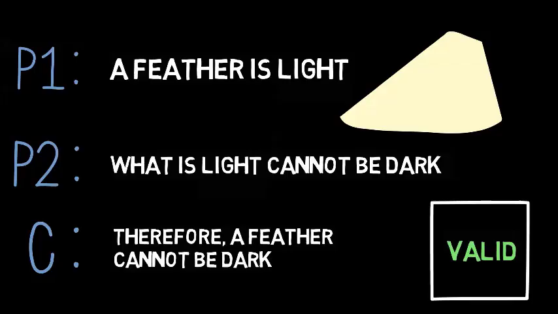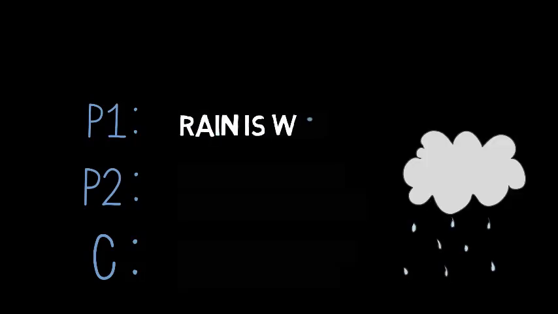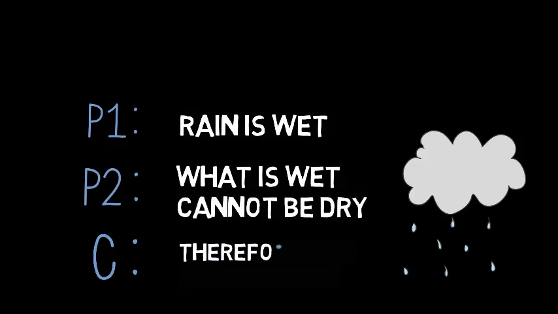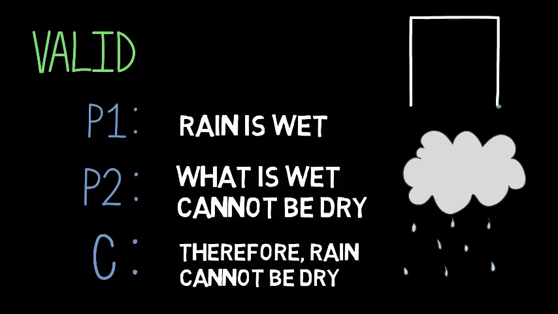Consider that we can use a seemingly similar argument form to make a valid argument. For instance, premise 1, rain is wet. Premise 2, what's wet cannot be dry. Conclusion, therefore, rain cannot be dry. And here we have a valid argument that seems to have a similar form as the fallacious one, and one that lacks defects in its content.